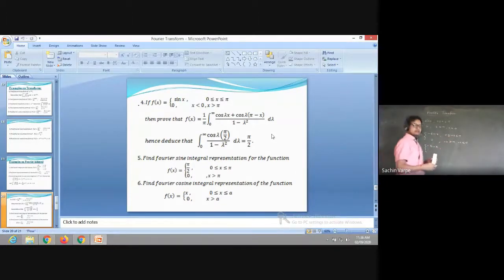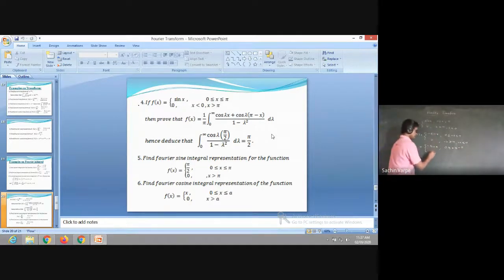You might know that whenever we multiply an inequality by a negative number, the inequality gets reversed. Do you know this? So the inequality gets reversed: less than or equal to becomes greater than or equal to. So 0 is greater than or equal to x, which is greater than or equal to minus pi, isn't it? Minus pi.